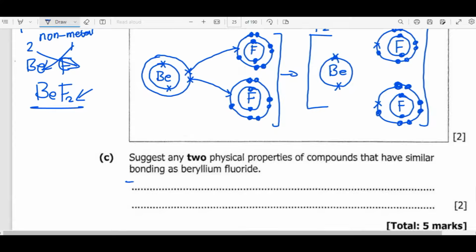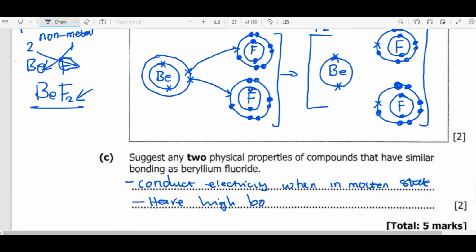So the first one, we can say they conduct electricity when in molten state. The second one, they have high boiling and melting points.